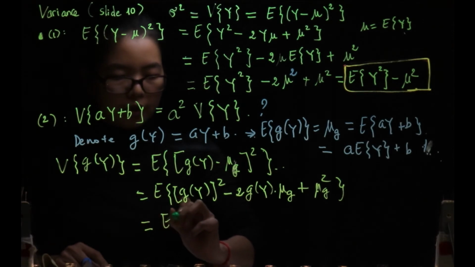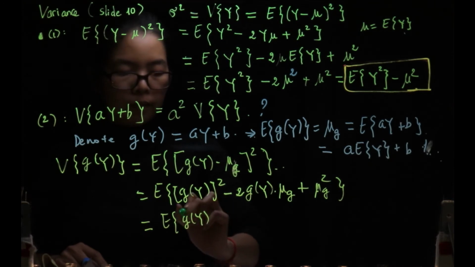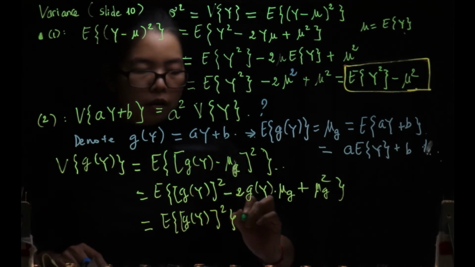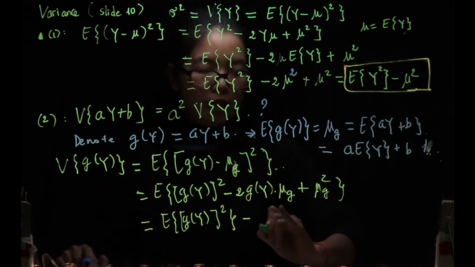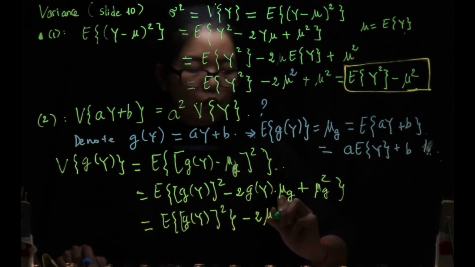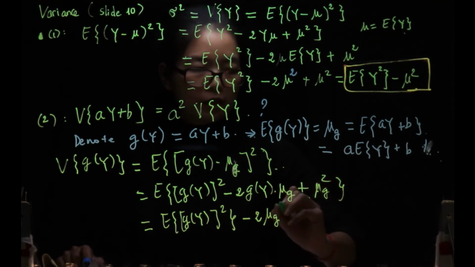So, the expectation or expected value of g of y square minus, now again similar to before, you can put mu g outside already because it's all constant, right?